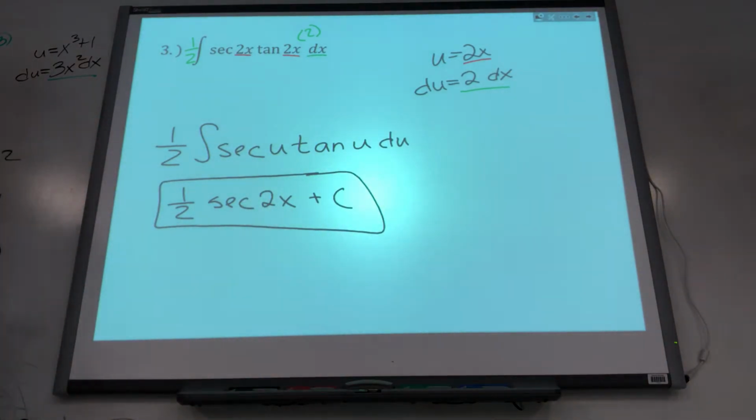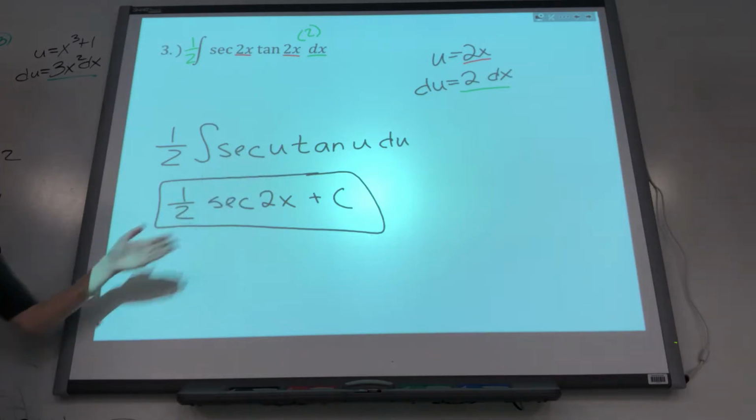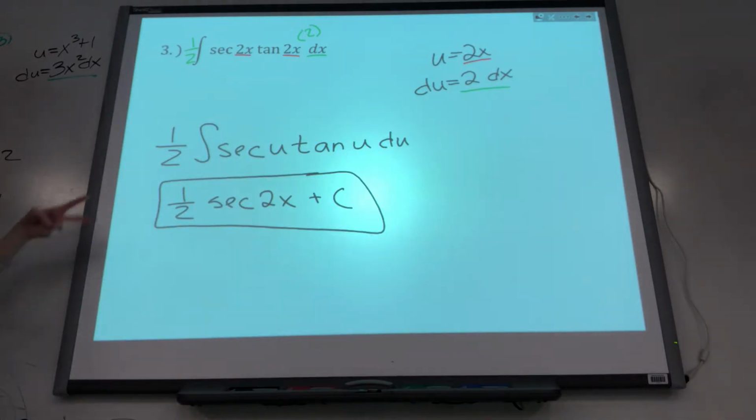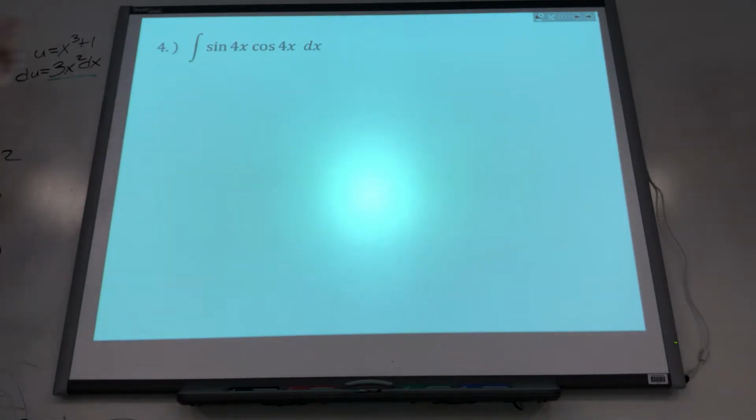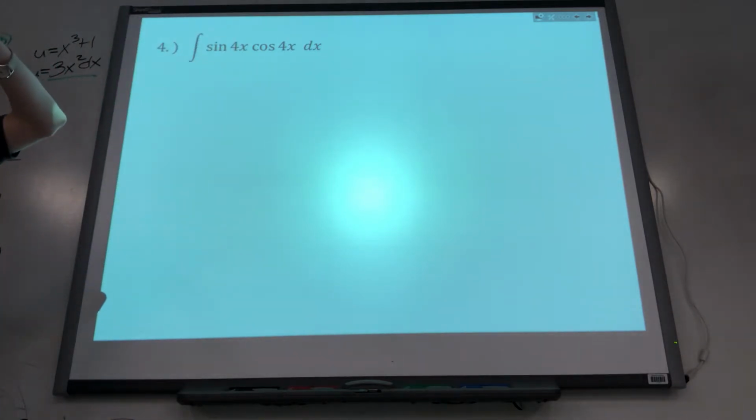Again, if there's two trig functions up there, it should still match up. Now, that might change a little bit on number 4. We'll have to kind of watch with that one. But we did have an integral for secant tangent, so there we go. Now, if you look at number 4, do we have an integral for sine of something times cosine of something?